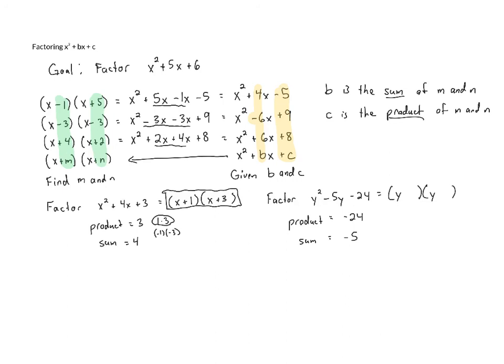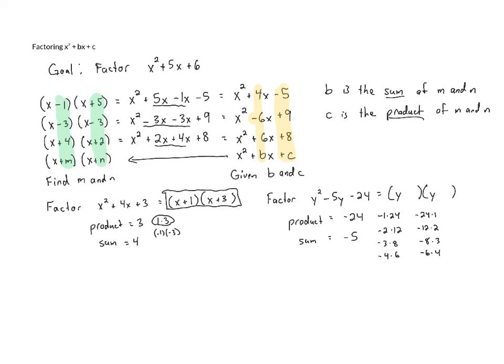Now there's more possibilities here. 24 is negative 1 times 24, or negative 24 times 1. It's negative 2 times 12, or negative 12 times 2. Negative 3 times 8, or negative 8 times 3. And negative 4 times 6, or negative 6 times 4.